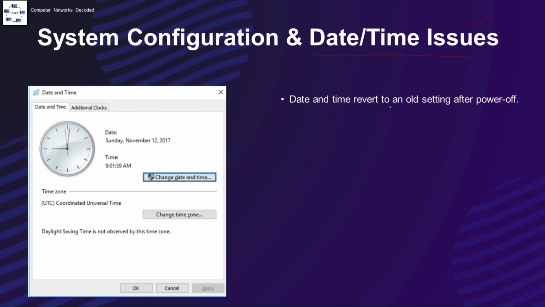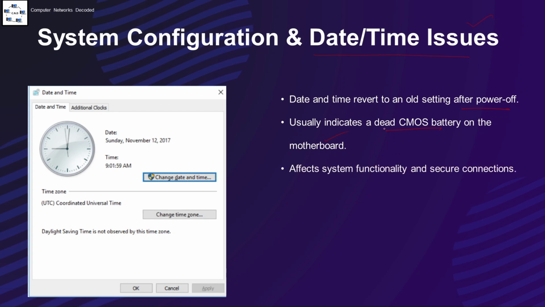System configuration and date time issues. Date and time may revert to an old setting when you power off the system, and this may be due to a dead CMOS battery on the motherboard. This battery basically keeps the system date and time correct, and if the battery is dead, your date and time may revert to some old date, and this affects system functionality and secure connections, such as your HTTPS connection.